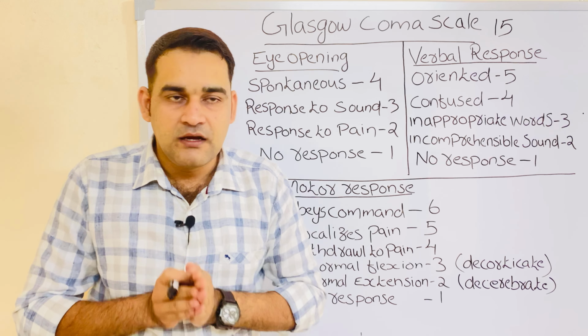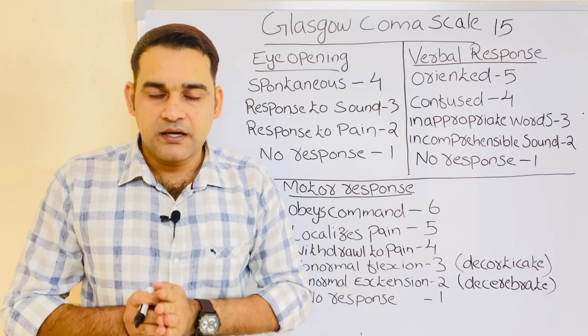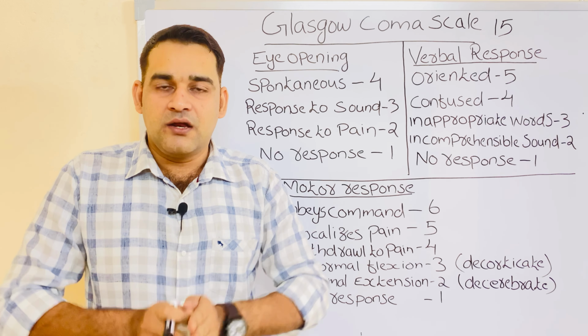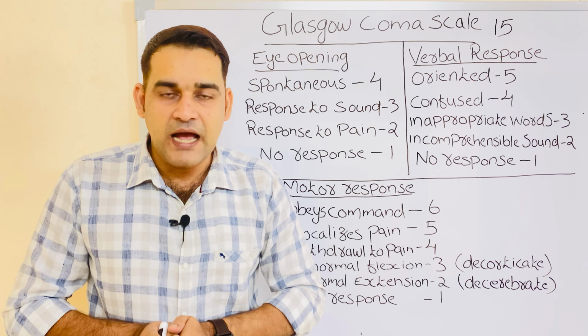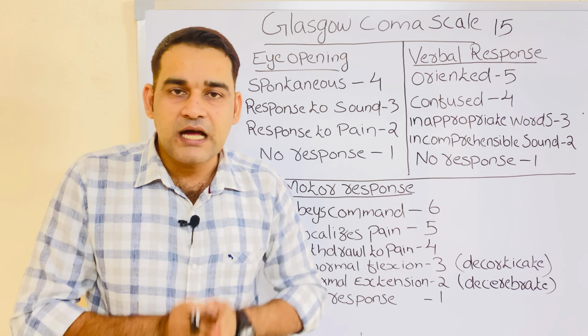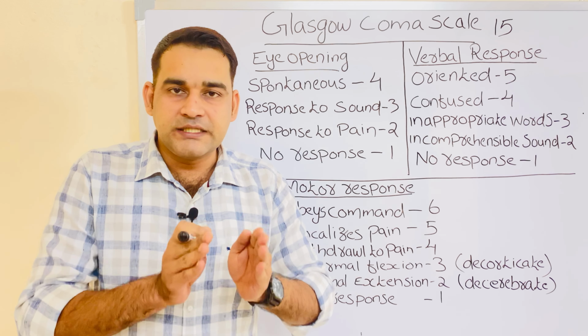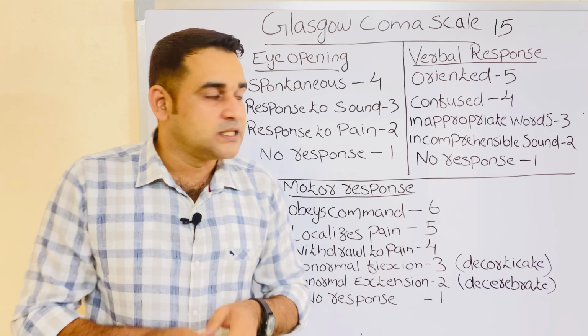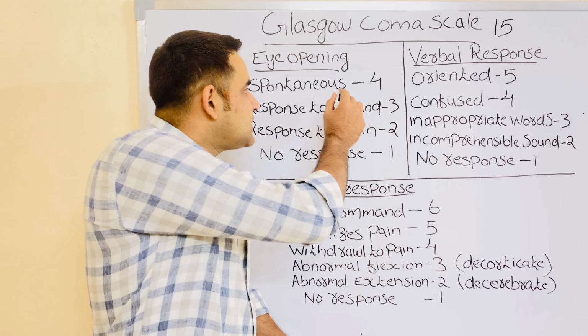So we will check eye opening first. If you are a nurse assigned in neuro ICU and you are going to check the Glasgow coma scale of your patient, first you will check the eye opening response. The first one is spontaneous eye opening.